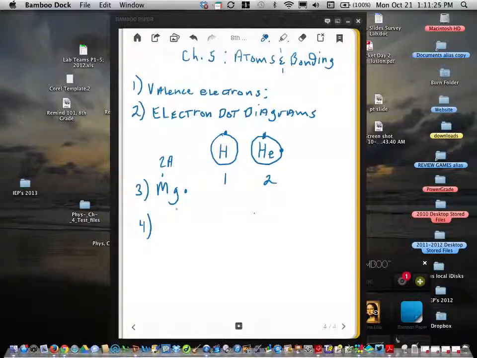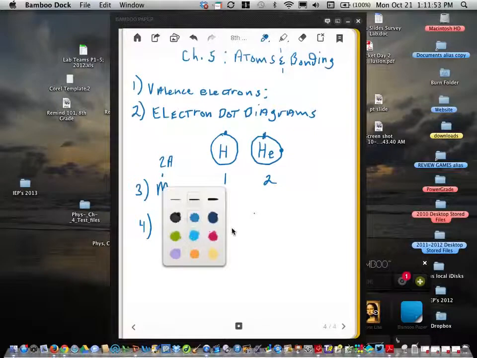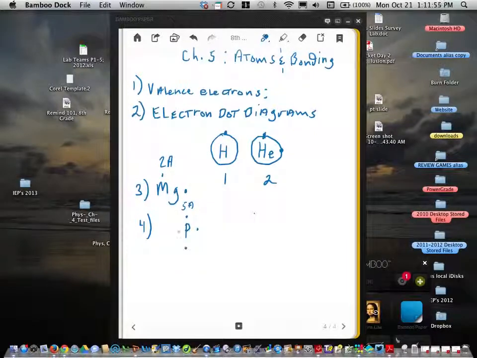How about phosphorus? How many valence electrons does that have? Look at your periodic table. 5. And you knew that because it's in group what? 5A. So 5A. And here's the electron dot diagram. 1, 2, 3, 4.